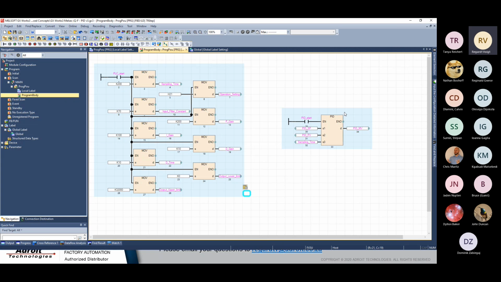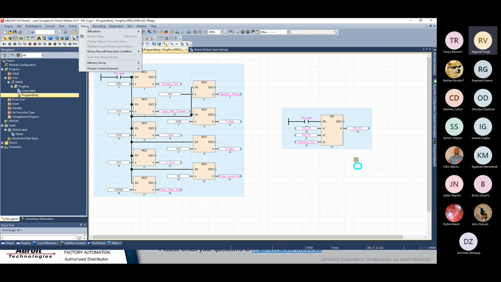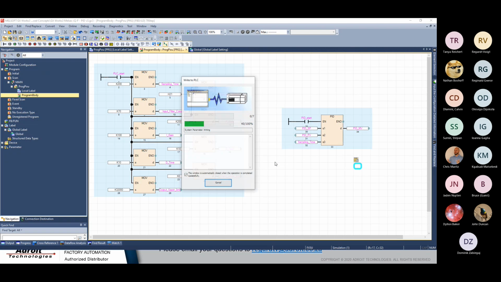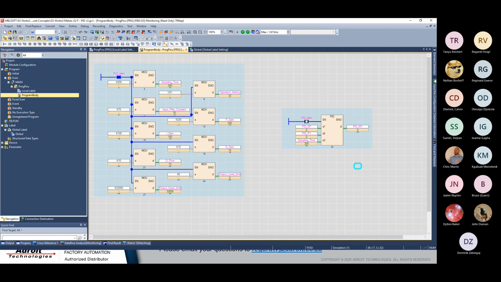As I mentioned, we want to test this with a GX Simulator. So what I'll do is activate my simulator here. We go to debug, simulator, start simulation. Right, so the simulator is running.